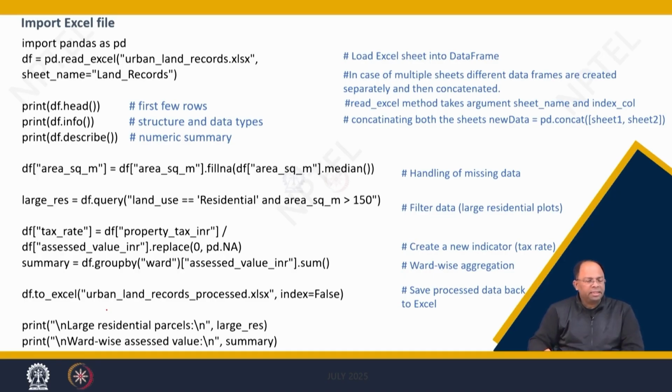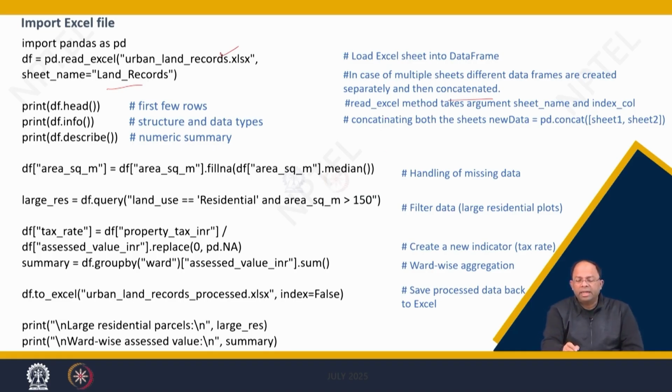This is another example: import pandas as pd, df equal to pd.read_excel. This is the file, but here along with the file name, we are also giving the sheet name. The idea is, if there are multiple sheets, you incorporate them separately, and then you can concatenate them. So in case of multiple sheets, different data frames are created separately, and then we concatenate.